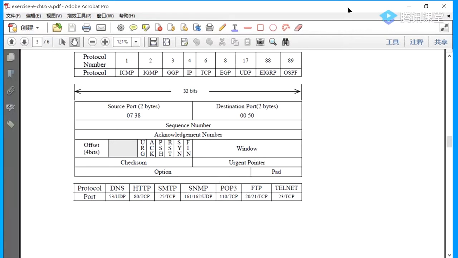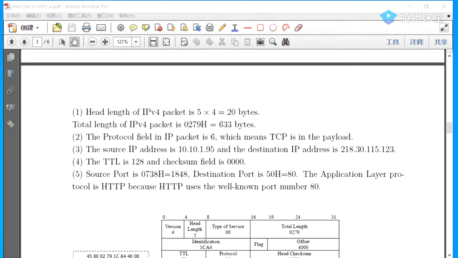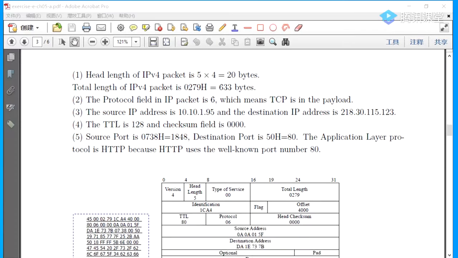Here 80 means the application protocol uses HTTP. So the application layer protocol is HTTP because HTTP uses the well-known port number 80. Do you understand?